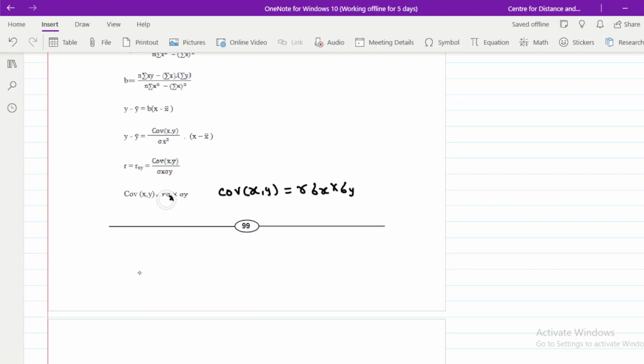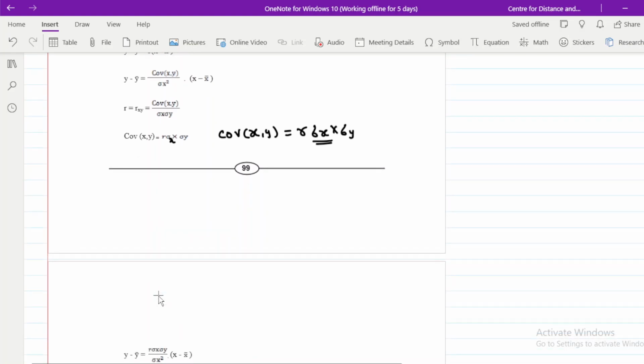Here, by printing mistake there is a typo, but we know that the formula for covariance of xy is equal to r into sigma x into sigma y.